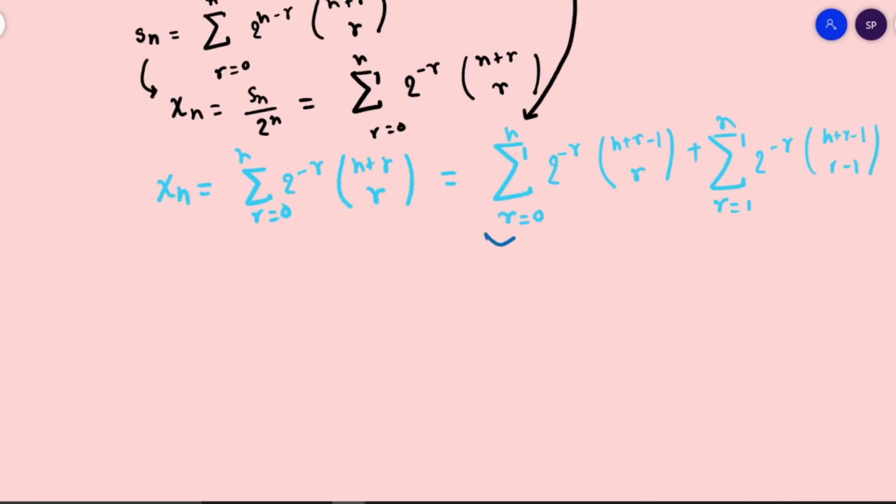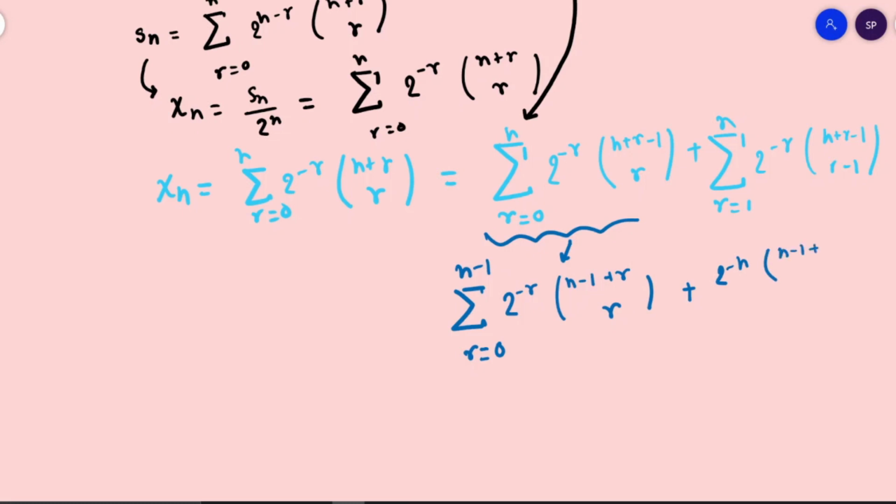Now we notice that this can be written as summation of r equal to 0 to n minus 1 of 2 to the power minus r times (n minus 1 plus r choose r), and the next thing will be plus 2 to the power minus n times (n minus 1 plus n choose n), and this will remain as it is.